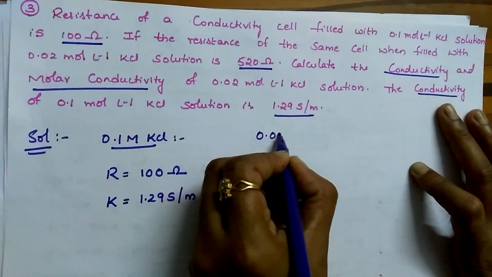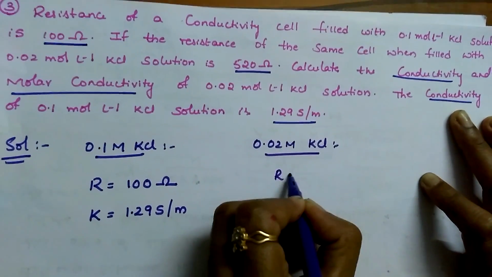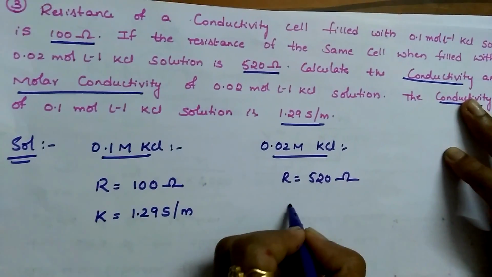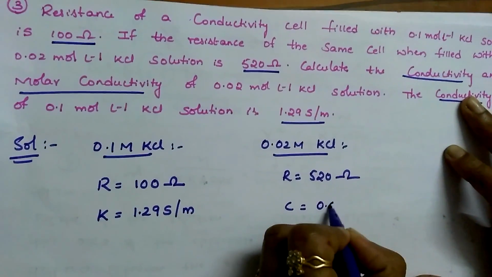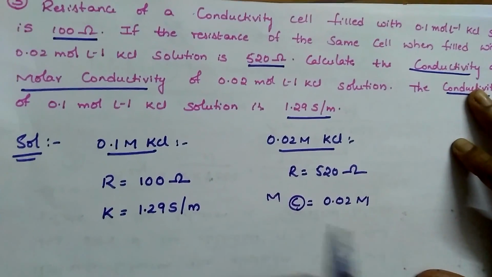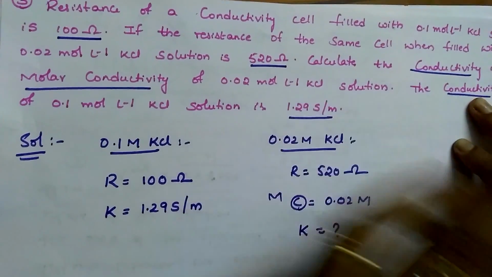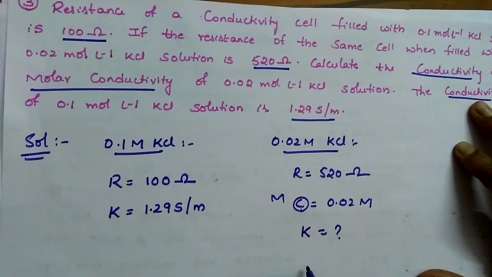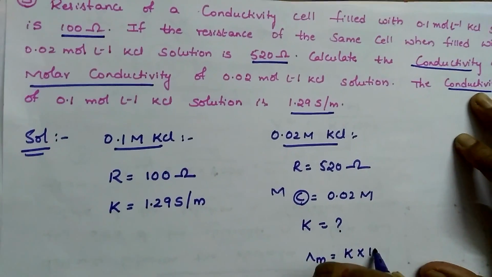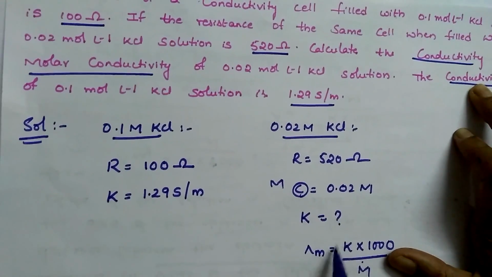And for the 0.02 molar KCl solution, resistance R is equal to 520 ohms, and the concentration M they gave is 0.02 molar. They are asking to find the conductivity for the second solution and the molar conductivity lambda M. We know that molar conductivity is equal to K into 1000 by M. M is 0.02 and K we have to find.